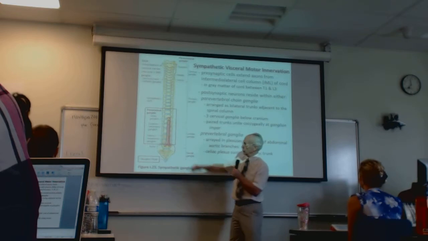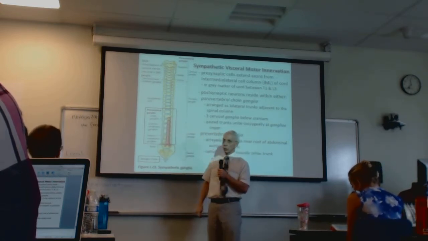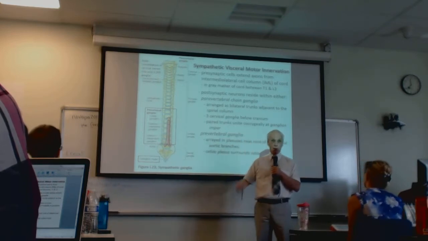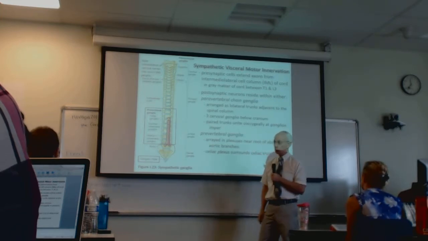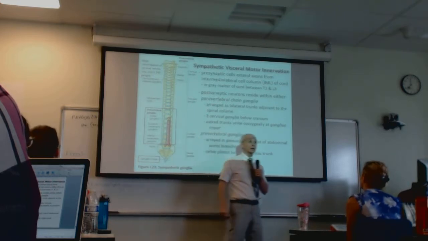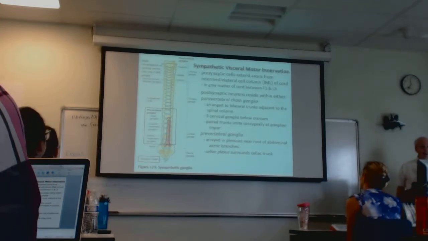Because the connections between these yellow things and the spinal cord, the bridges to Cape Coral, are only present from approximately T1 down to about L2 or 3. All right, if that's true, then why do I have ganglia in the neck? They're there, but they do not communicate directly with the cord.